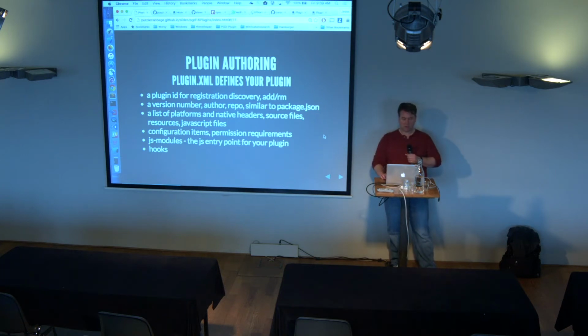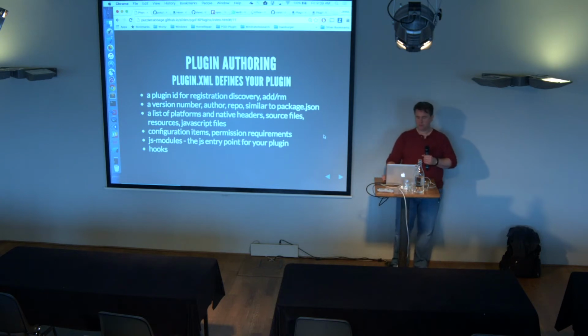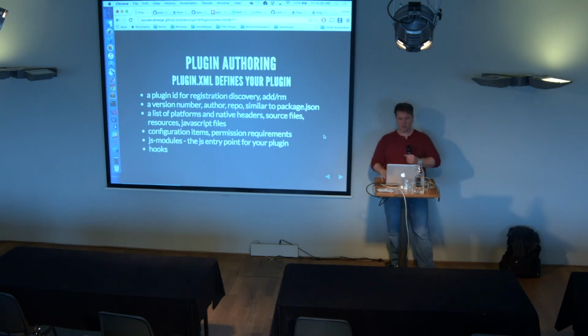So you list your platforms and native headers, source files, any resources that you want to include in your plugin, and your JavaScript interface. You can also do configuration items in there, changes to permissions that you require. JS modules is the main entry point to your application, and this is usually the cross-device portion that you're exposing. And then you can also add hooks, which is very powerful, but I don't think it's fully utilized right now. But hopefully in the future we'll see more hook-related plugin stuff.